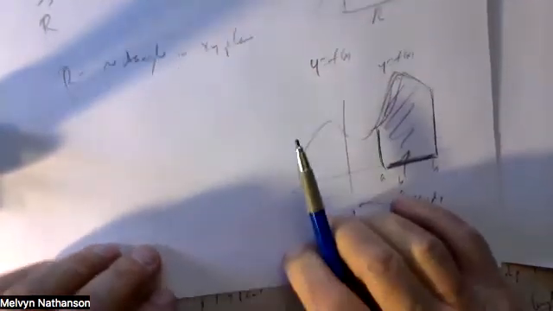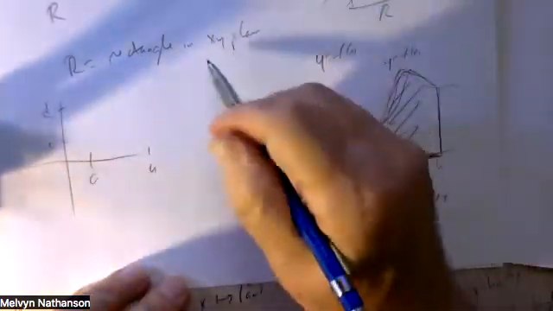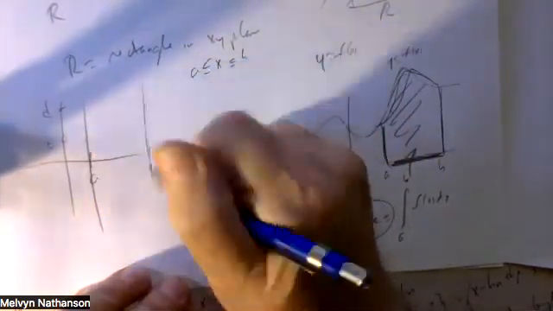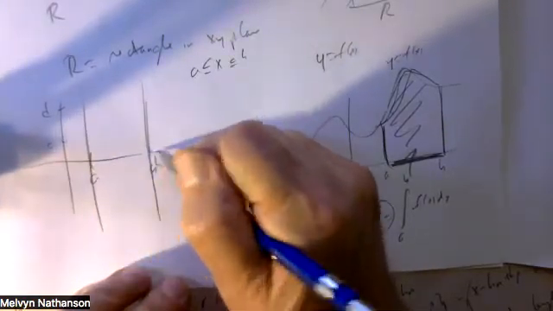in the xy plane. So what that means for us is you might have x goes from a to b, y goes from c to d. So this rectangle would be x between a and b. This is x equal a, this is x equal b.